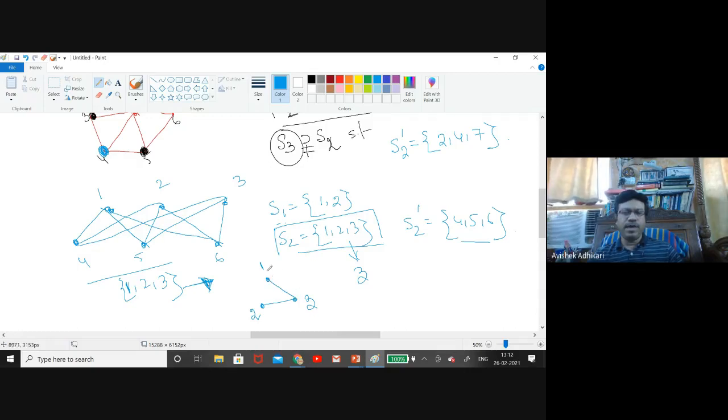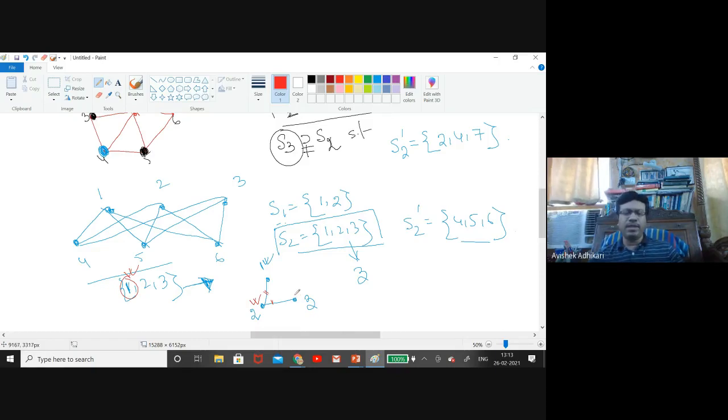So if I have a degree 1 vertex, then I can have the degree of this vertex as 2. That is also done. Might be I should draw like this. So the degree of 1 is already done. The degree of this vertex is 2. That is also done. But I need this degree to be 3.